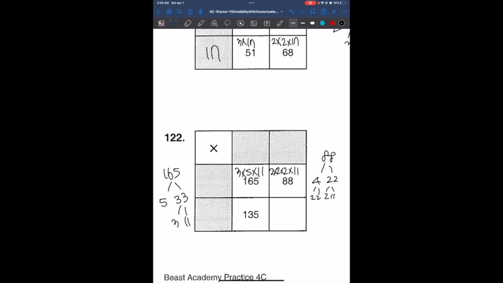And 135 can be expressed as 5 times 27, so it's going to be 3 times 3 times 3 times 5.